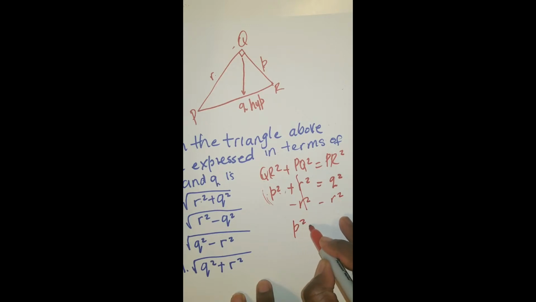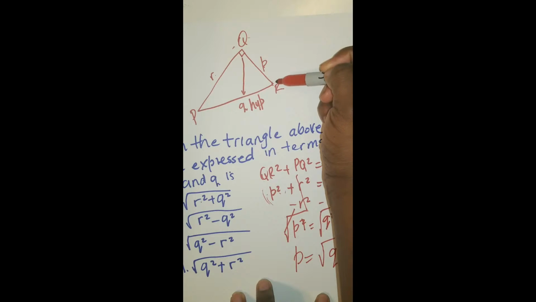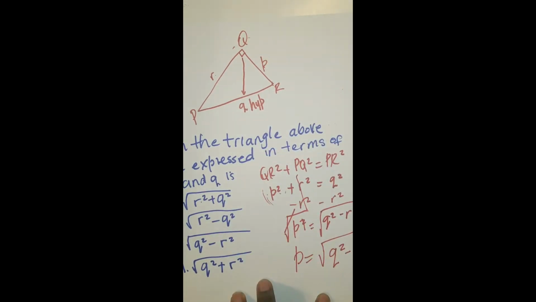P squared is equal to Q squared minus R squared. Find the value of P: you take the square root of both sides to cancel the square. So P is equal to the square root of Q squared minus R squared. P is the same as QR.